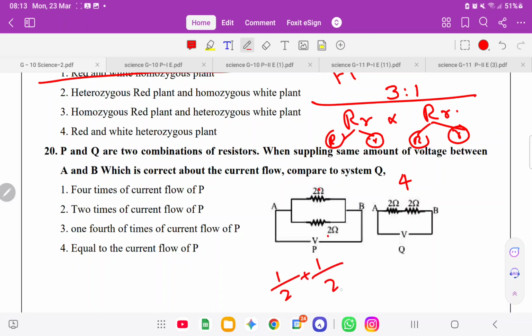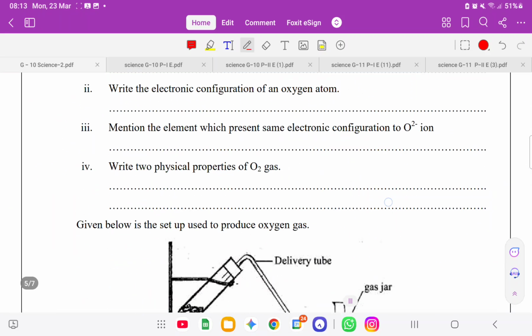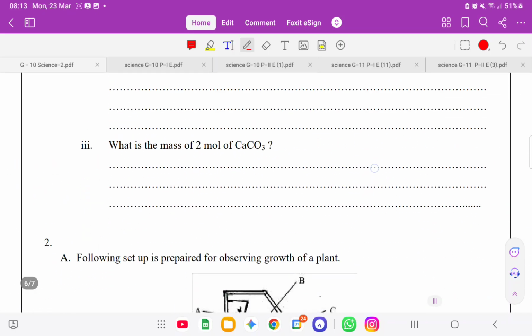At the first question also we did this kind of one. It's 4 times the current flow of P. 4 times the current flow is the answer. Right, guys, so we discussed the MCQ part, but structured and essay will remain.